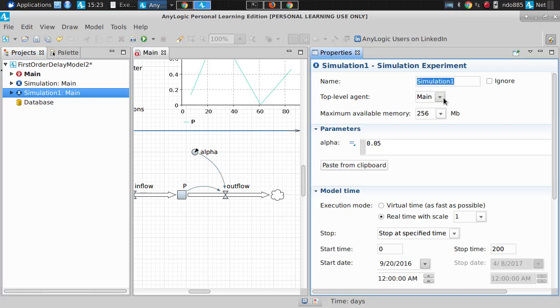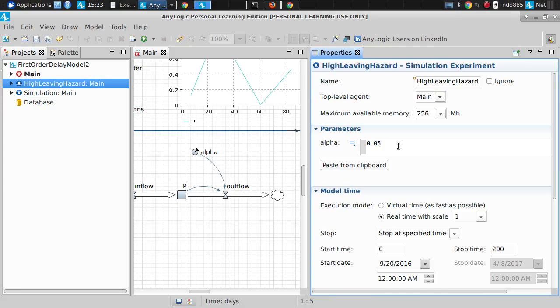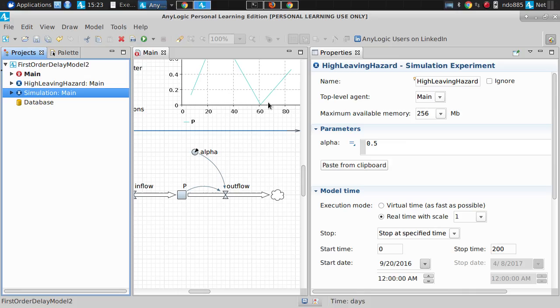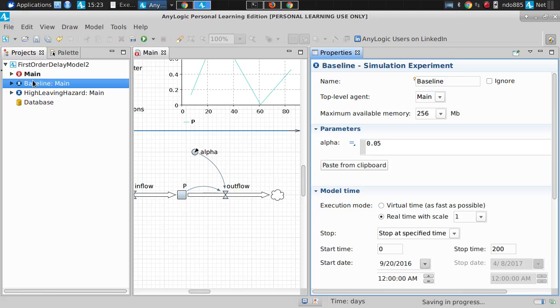So this one is going to be high leaving hazard. Okay, high chance per unit time of leaving. We're going to have a chance per unit time of leaving of 0.5, instead of 0.05. That compares to this one here, where it's 0.05. We're going to call this simulation baseline. This is going to be our reference simulation.